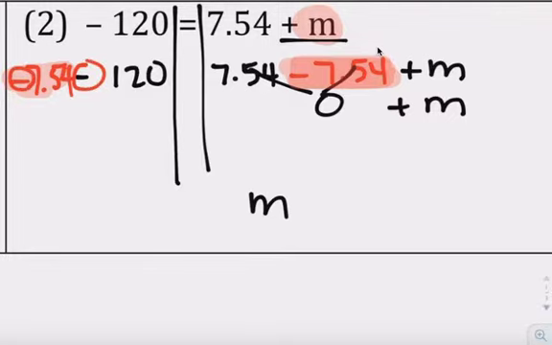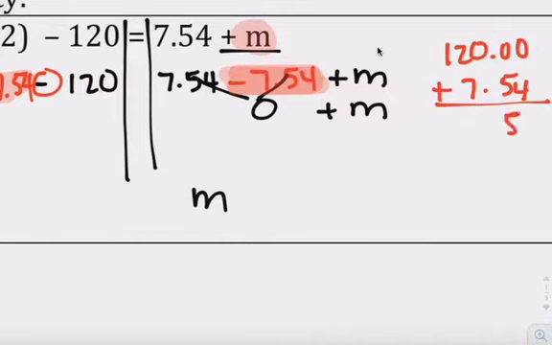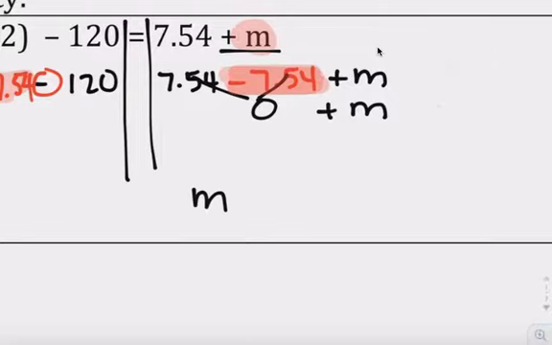You add them. So you add 120 plus 7.54. Line up the decimals.